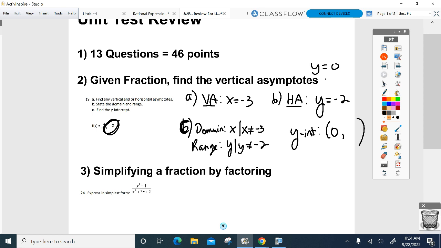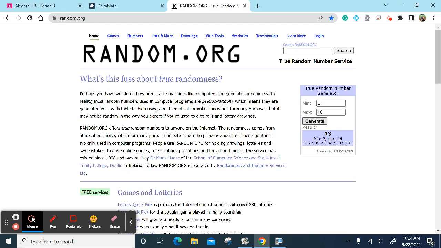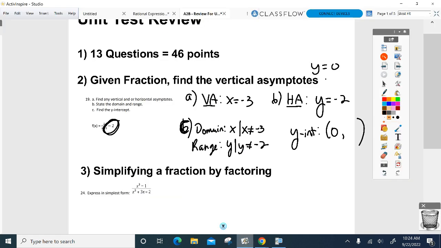Plug in 0 for x, or go to your table of values after typing it in your y equals screen. All right, so what's the other coordinate? 0, when you're ready here, -4, 3. Yep. There you go. That's where it crosses the y-axis.